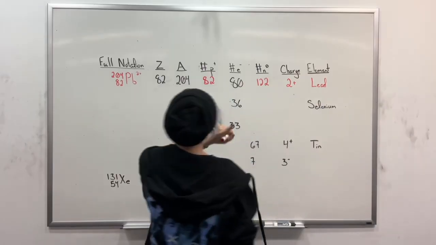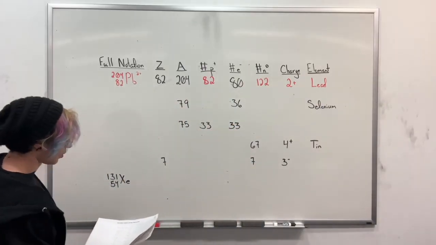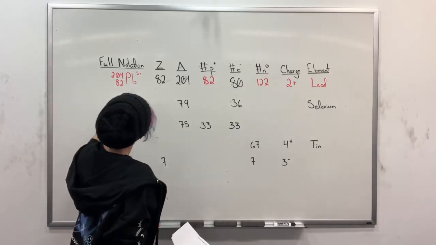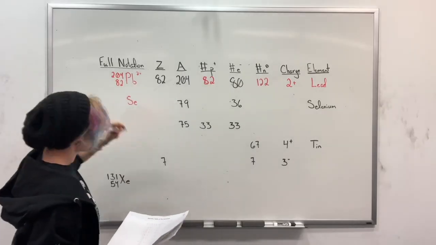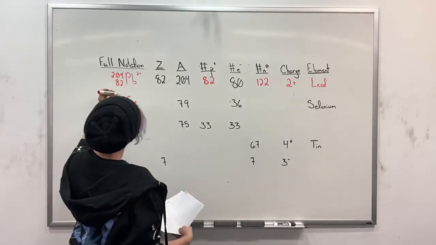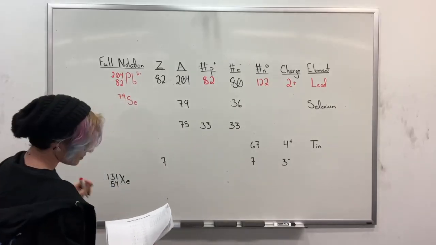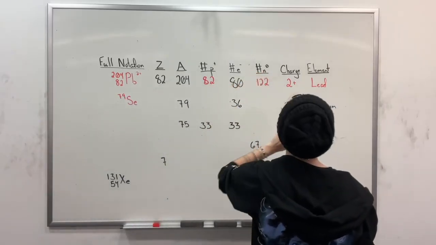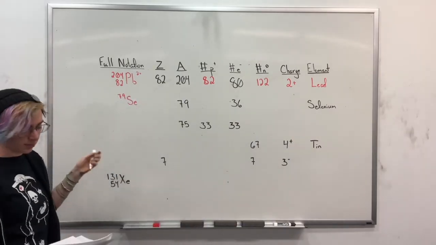Now for our second row, they're telling us the name of the element already, so we can put the symbol in our isotope notation. Selenium has the chemical symbol Se. They're telling us our mass number, so we can put the number in the top left of our notation. And now they're telling us the number of electrons, the mass number, and the name. From the name, we can get the atomic number itself.